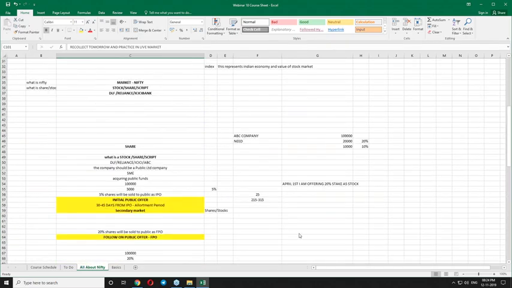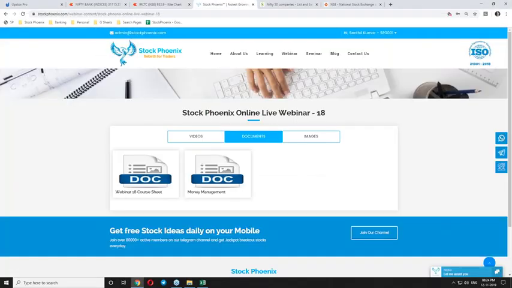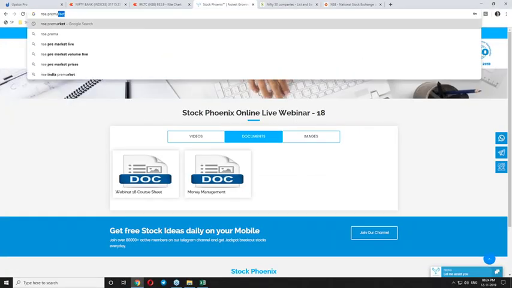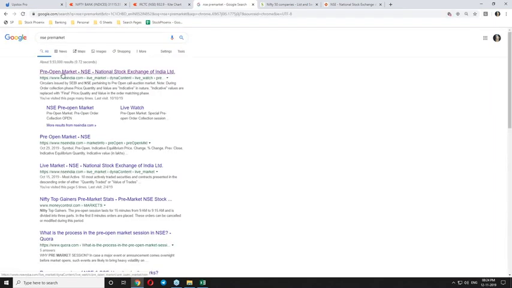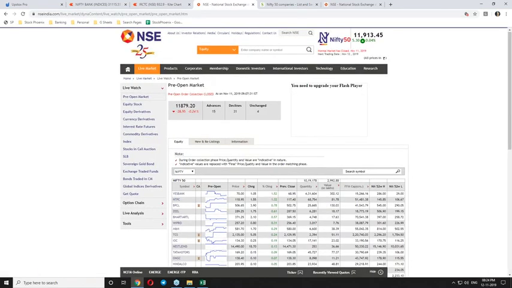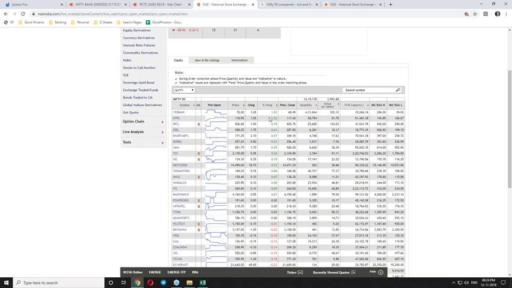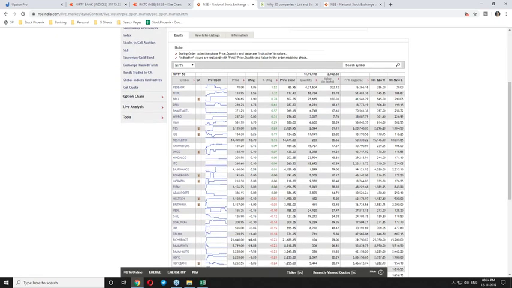So these are very basic things, which we have already discussed. You can see the pre-market update here, NSE pre-market. When you click on this, it will show the pre-market updates, what happened between 9.00 and 9.07, and what the change was.